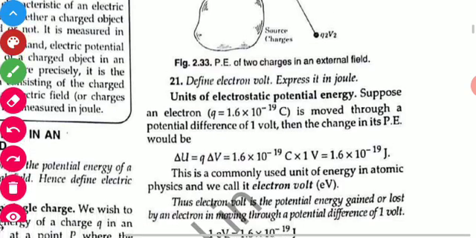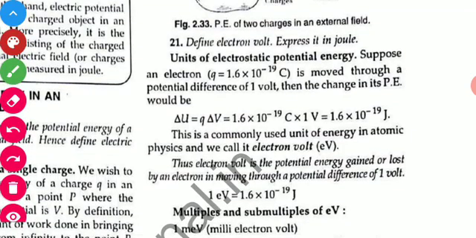Now students, our next topic is the electron volt. What is an electron volt? Suppose we move one electron through a potential difference of 1 volt, then what will be the potential energy? Potential energy is equal to charge into potential difference.